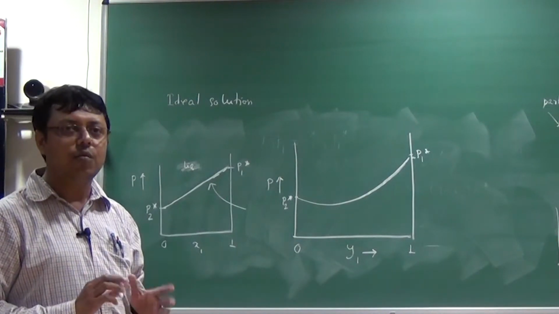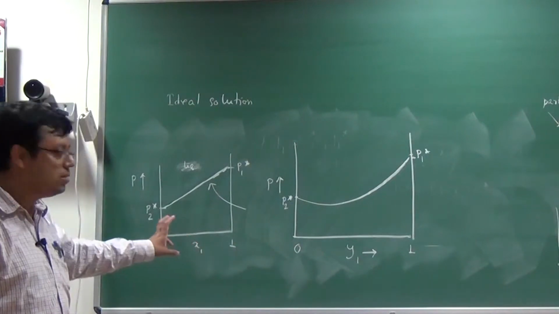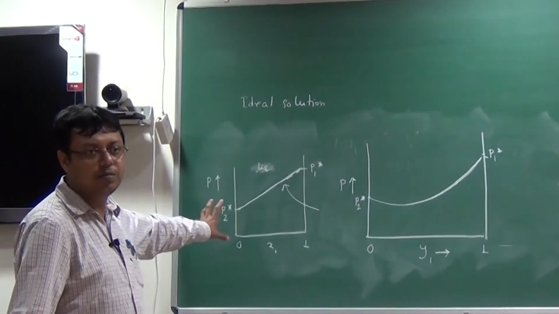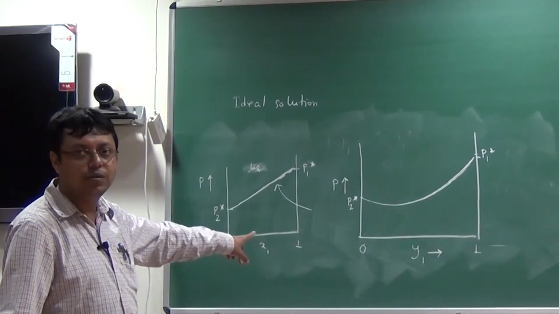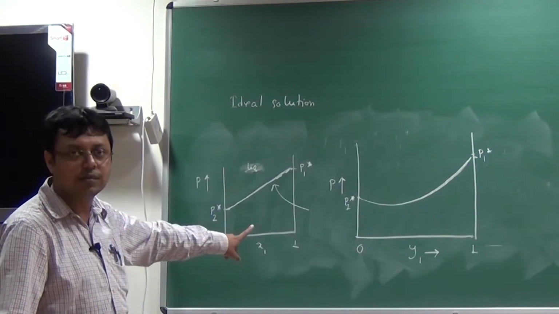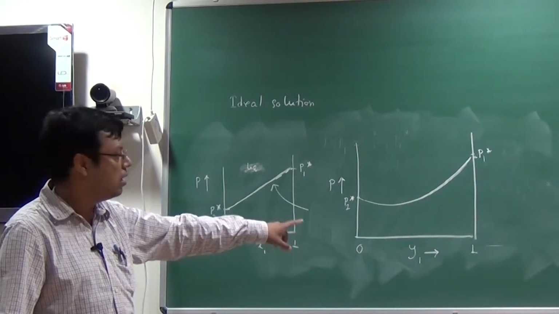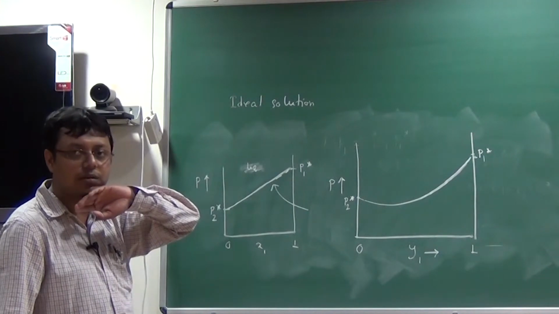Now we have a conceptual problem. What we did was just vary the component and look at the total pressure. This is how total pressure varies with the mole fraction in the solution. Versus how the partial pressure, if I plot it, describes the total pressure. These are two very different things.